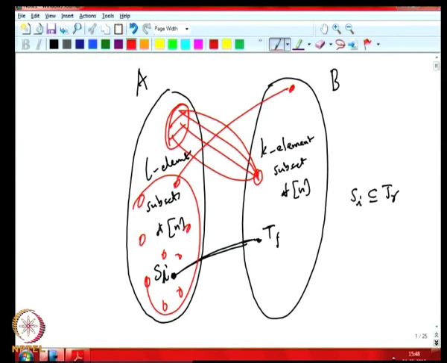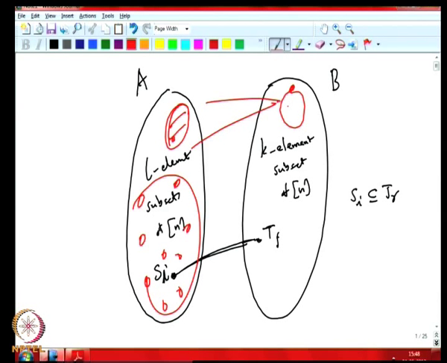In some other words, at least one of the L element subsets of each k element subset will have to be taken. So, if you consider a k element subset here, how many edges will go out of it?